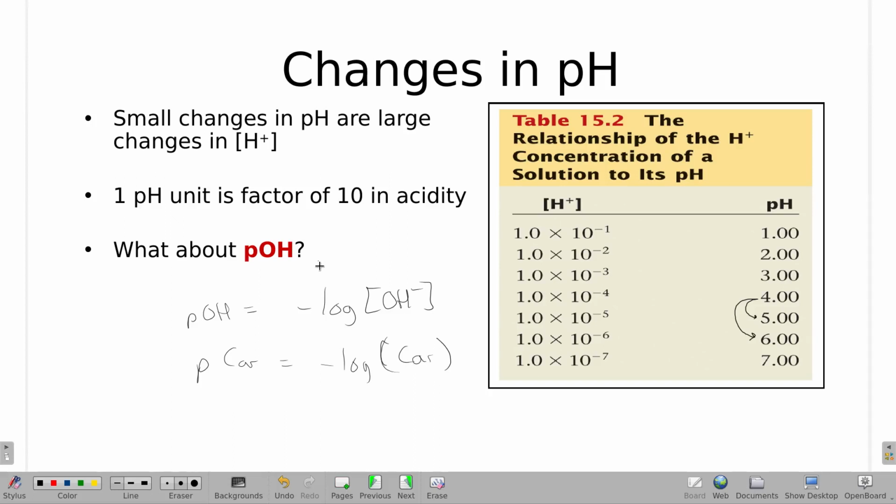Alright, but what this really helps out for us, I'm going to erase this. What would we get if we were to actually try to figure out what the pH plus the pOH is? Because it does turn out they're a constant.